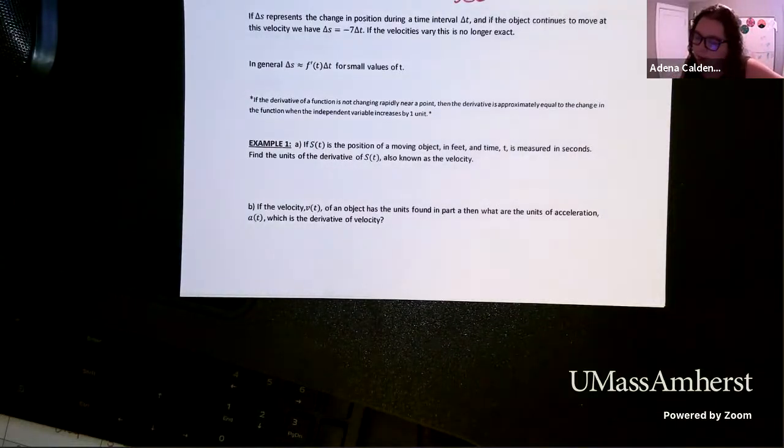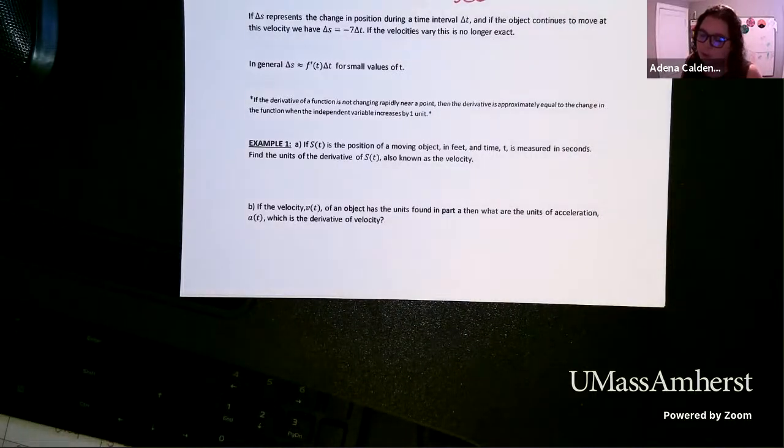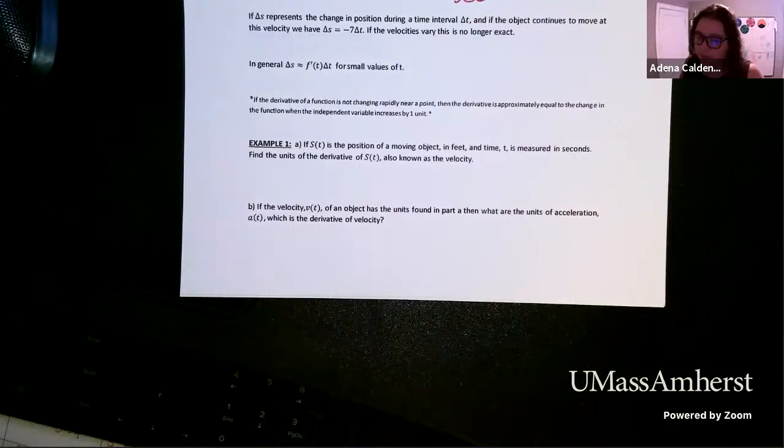So you're going to do the same sort of thing we did in the previous problem, where you need to think about the dependent units over the independent units. If you're comfortable using notation, it would be great to set up the notation for this. Usually Newtonian notation is fine.